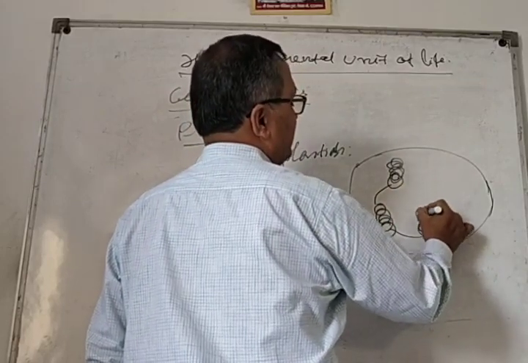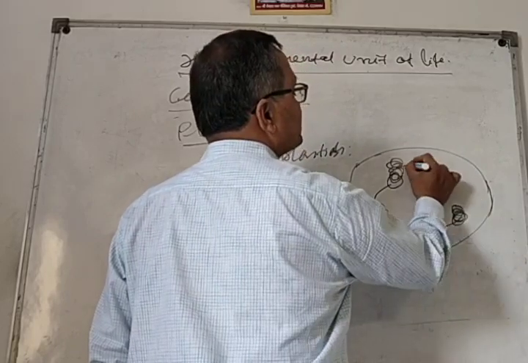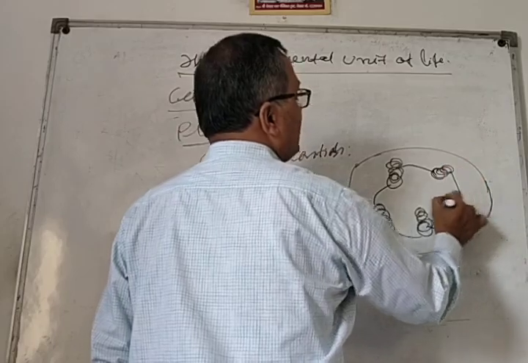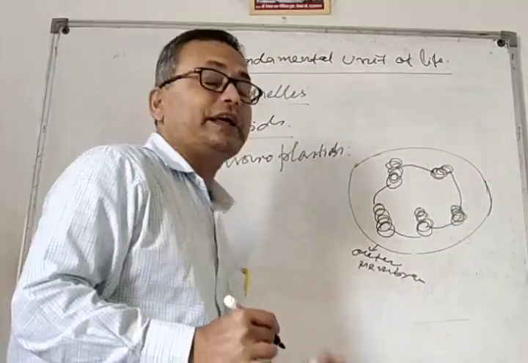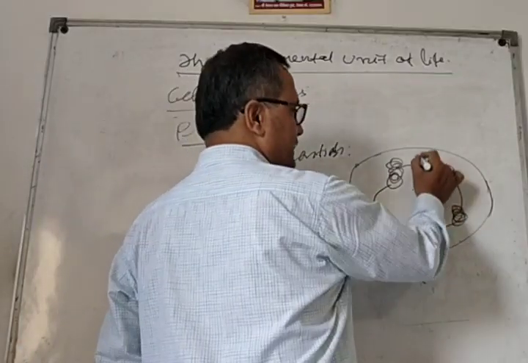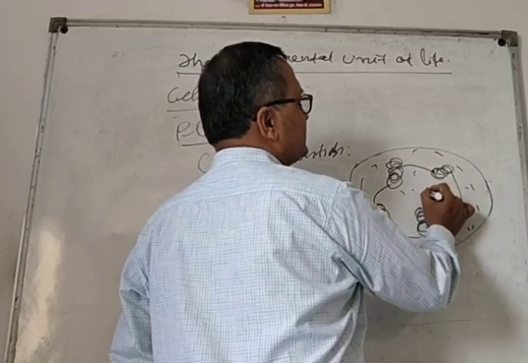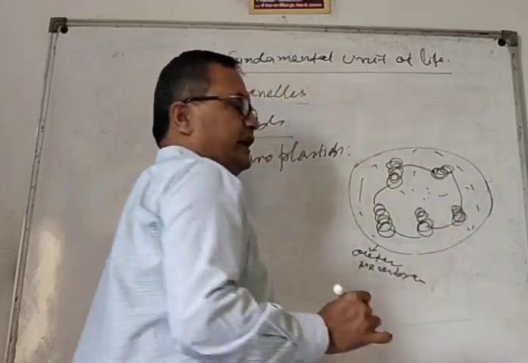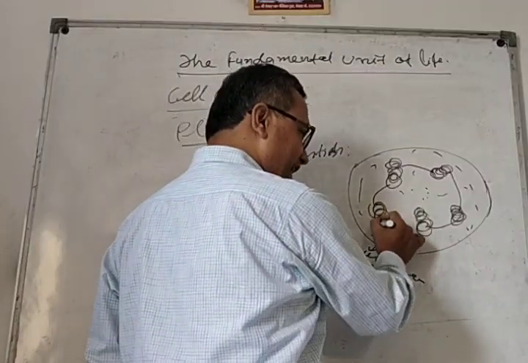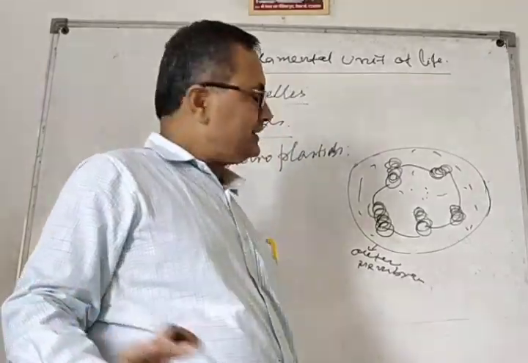Here the light reaction occurs, and due to the light reaction, food is formed. So it is known as the kitchen of the cell. There are two parts: where the fluid substance or matrix is present, that is known as the stroma part, and this part is known as the granum part. In the granum part, the light reaction occurs.